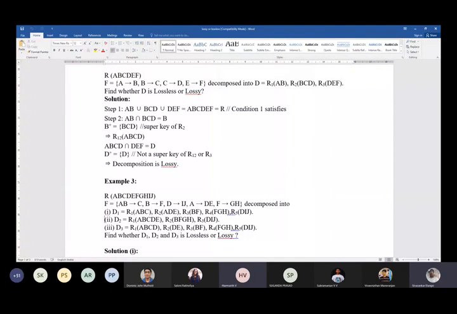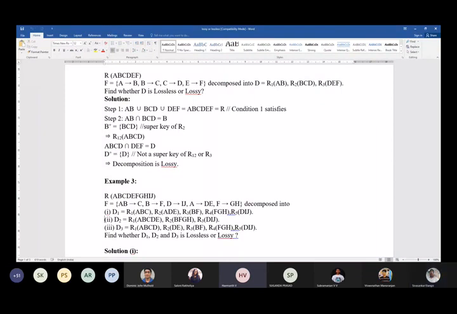D closure is DIJ. So it is again the super key of R3. So the decomposition is lossless. Right. Correct, Hemant. Thank you.